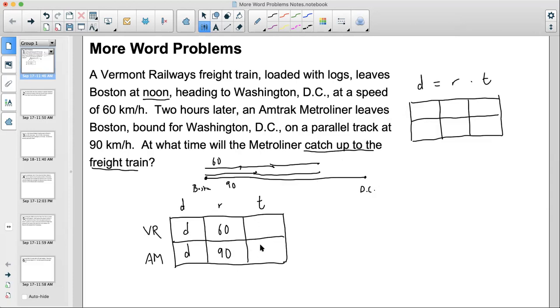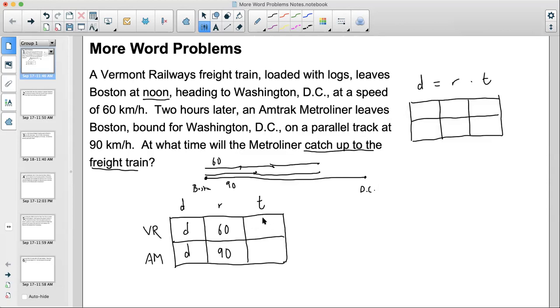And now the time is a little tricky. I don't know what this is, but I know that the time for the Vermont train, because it left 2 hours earlier, has traveled 2 hours longer than this train has, because it was going for 2 hours before this one even left.